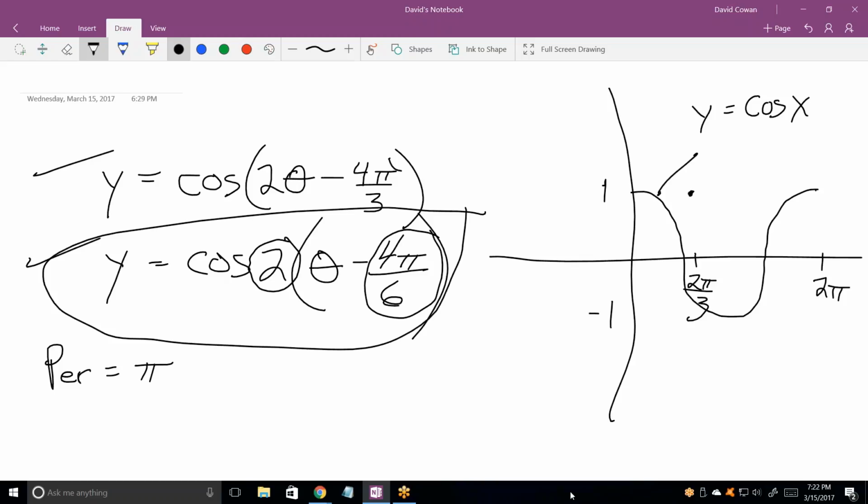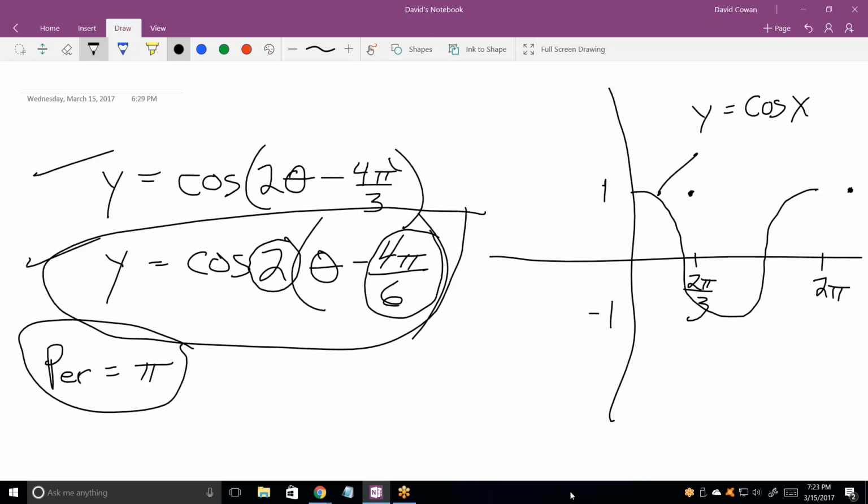Okay. Where am I going to end the function? 2 pi over 3, you'll end at 8 pi over 3? Well, remember what the period is. Oh, the period's only pi, so you'd end at 6 pi over 3. No, 5 pi over 3.